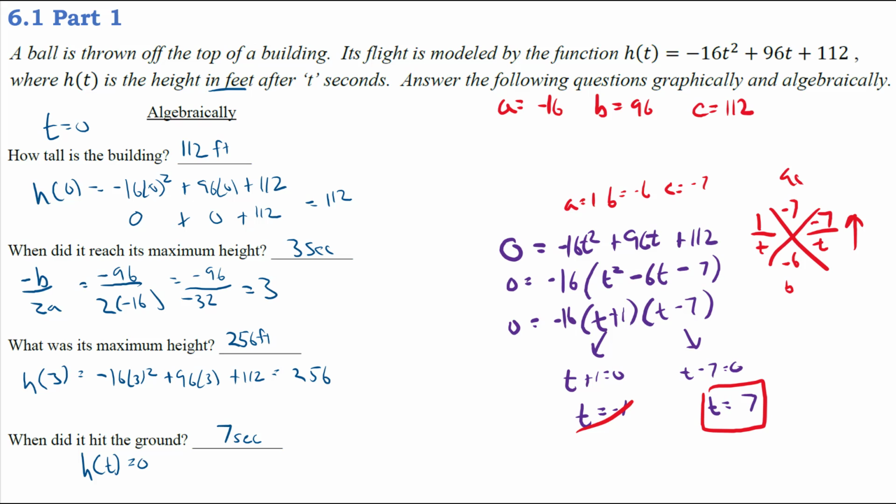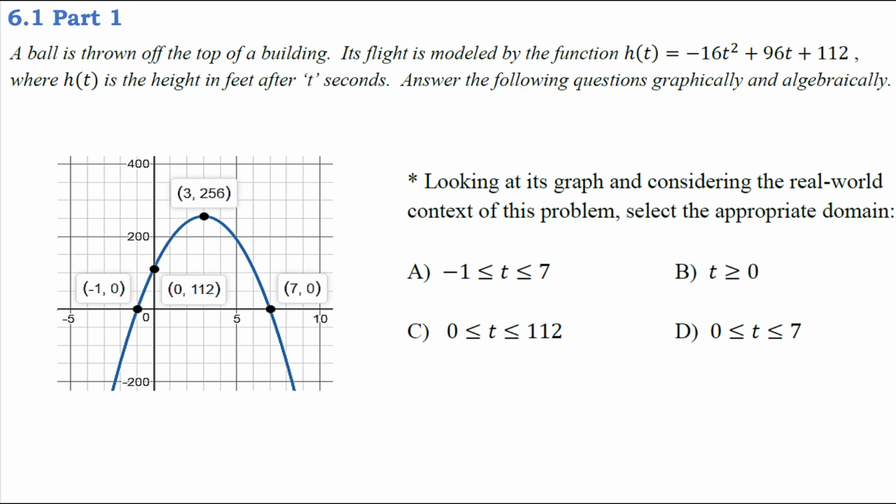Alright, so now let's do one more question here for this problem algebraically. Looking at this graph, what is the appropriate domain? Remember we started out at 112 for our height, but that's not where we cross the x-axis. Following this, the farthest left we cross the x-axis is negative 1.